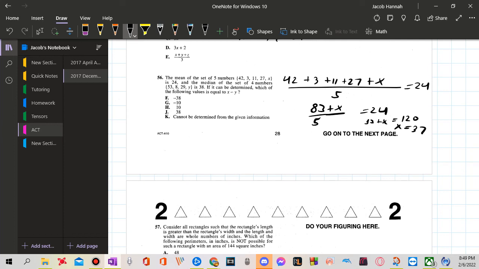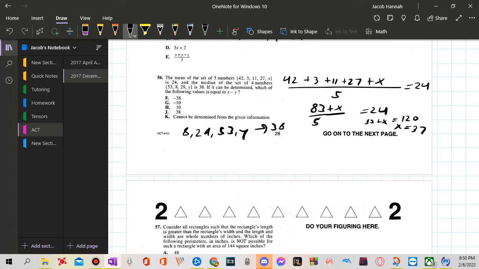Alright, the median of this set, so let's write this in order the best we can: 8, 29, 53, and y. We don't know if y is greater than 53 or not, but we'll see. The median of this is 38.